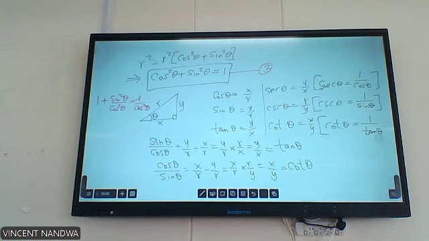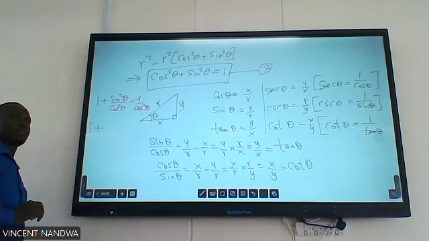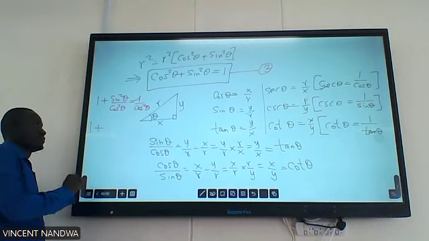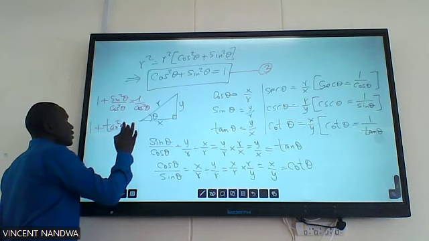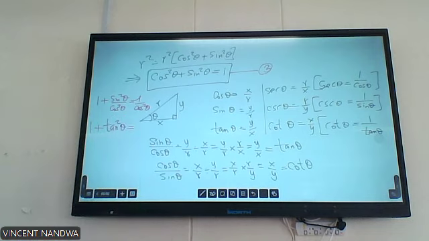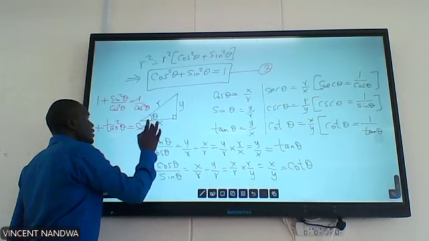Then sine squared over cos squared is tan squared theta. 1 over cos is sec, so sec squared theta.